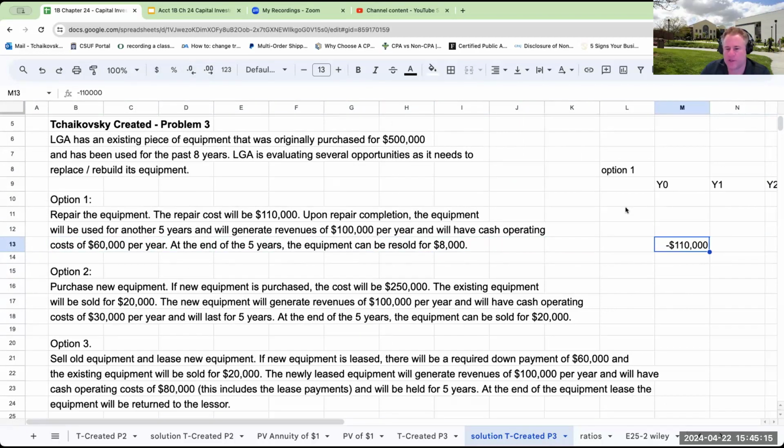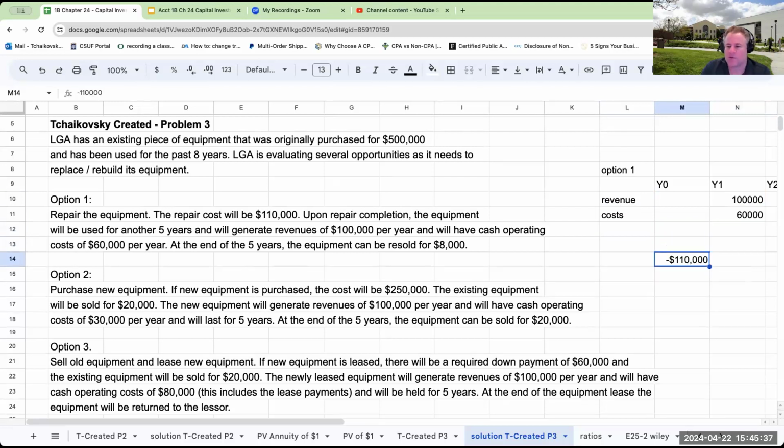Upon repair completion, the equipment will be used for another 5 years and will generate revenues of $100,000 per year. So revenue is going to be $100,000 each year, but my cash costs are going to be $60,000 each year. So the net income, or the net cash revenue, is going to be $40,000 per year.